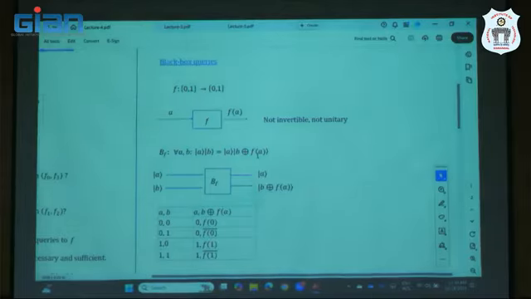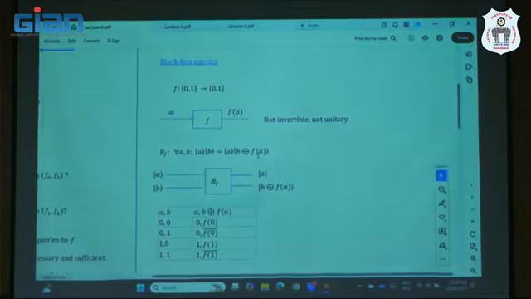Now we can see one thing. Even if f is a 2 to 1 function, which doesn't matter, f is not 1 to 1, but BF is 1 to 1. It doesn't matter what f is. Why is BF 1 to 1?